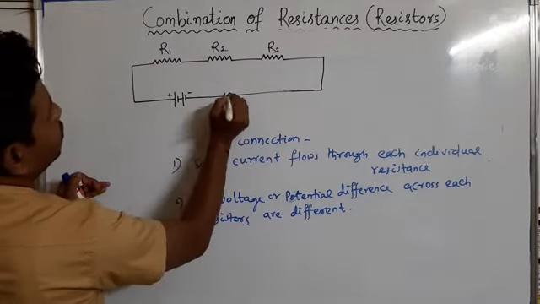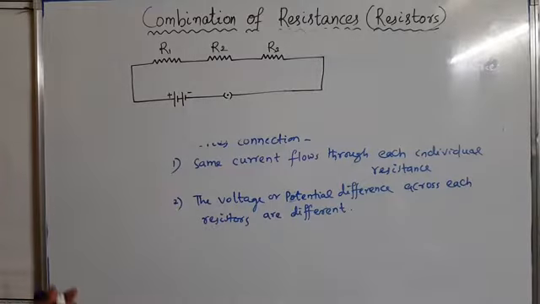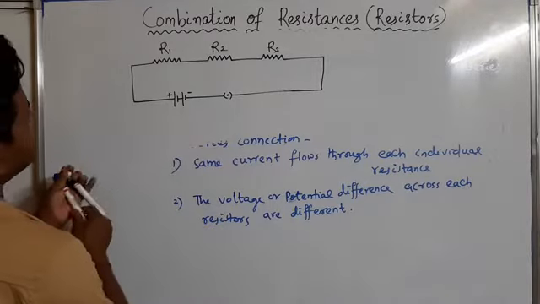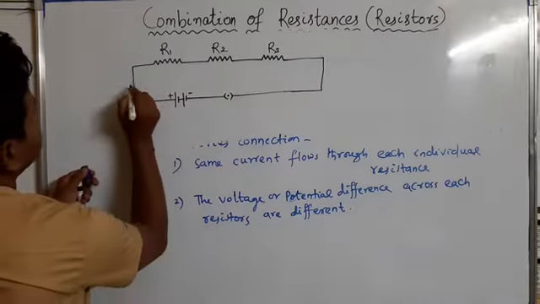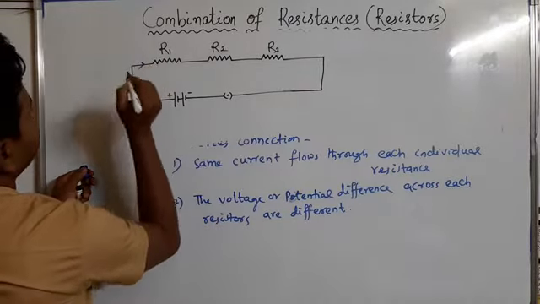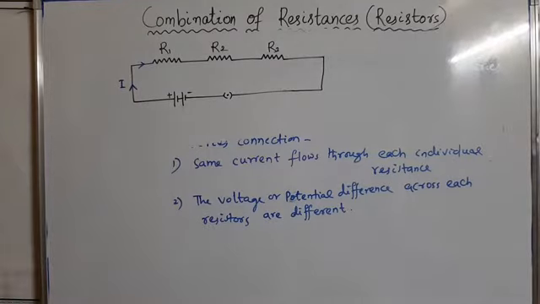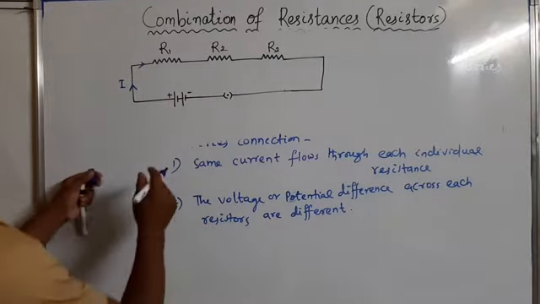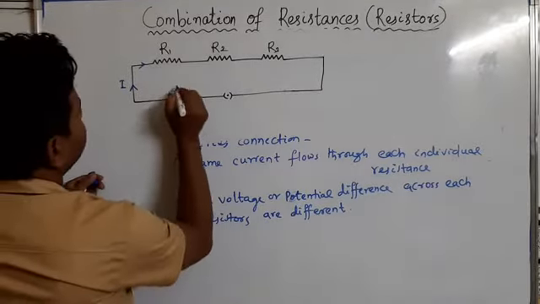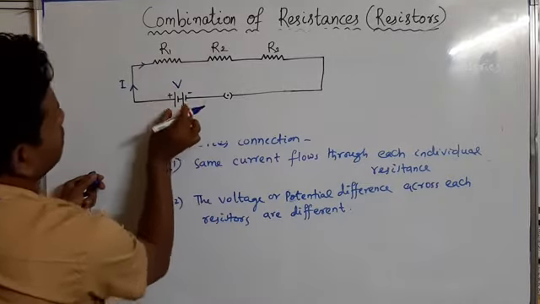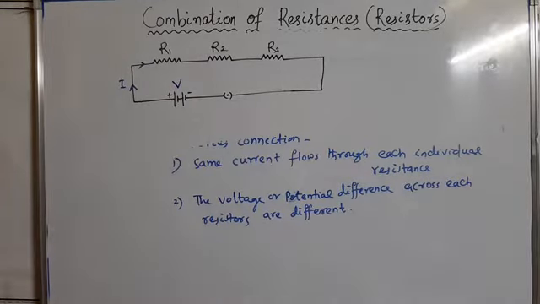If you make the switch on, what will happen? The current will start to flow from the positive end to the negative end. Let I amount of current be flowing through this wire, and let the potential difference of the battery be V.